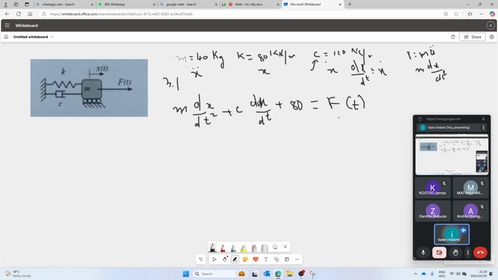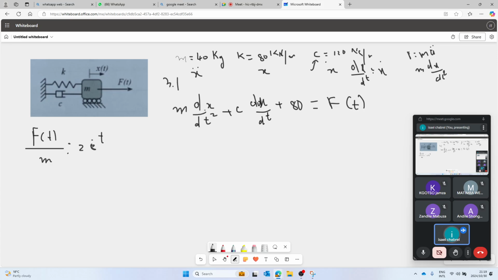Now if you read further, they said if the force parameter f of g m is equal to 2 exponential minus t. What does this mean? You can simplify this thing here. To get the differential equation, you have to make sure that this guy is alone.